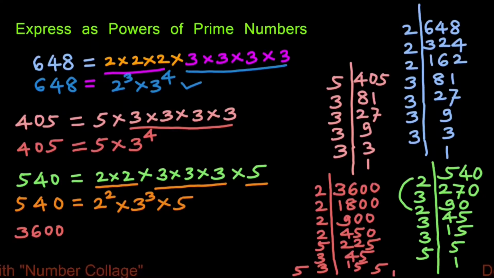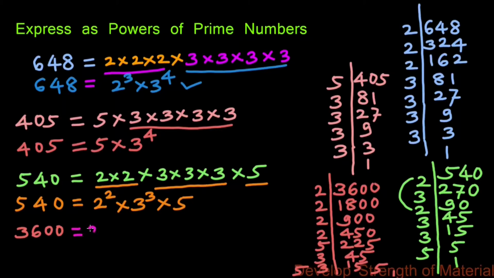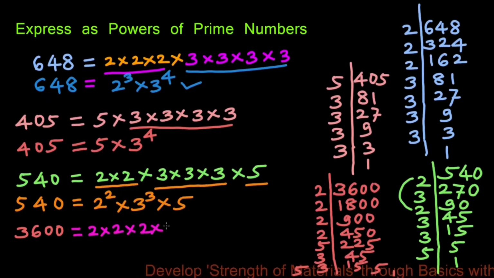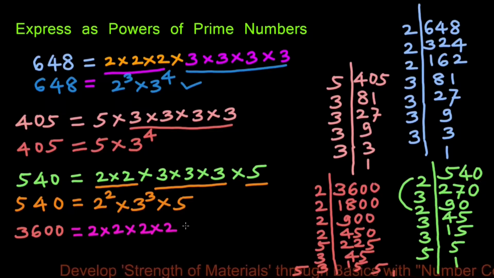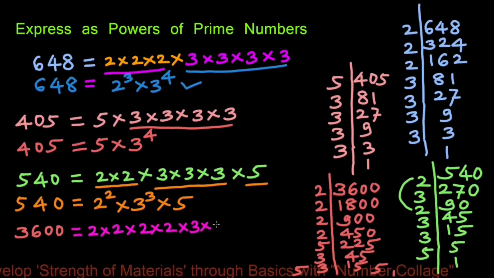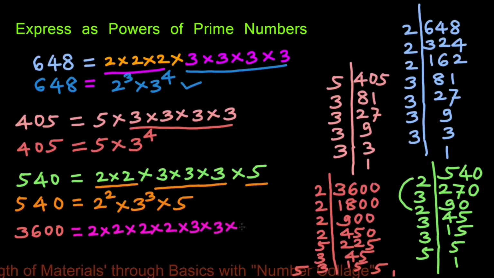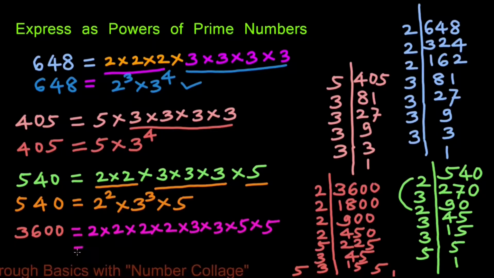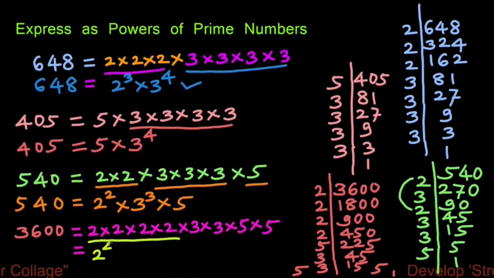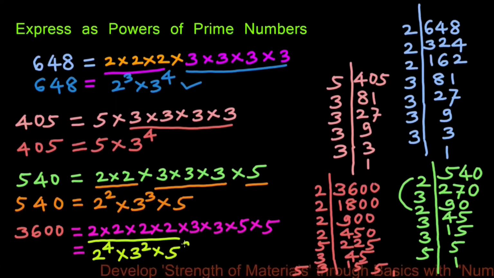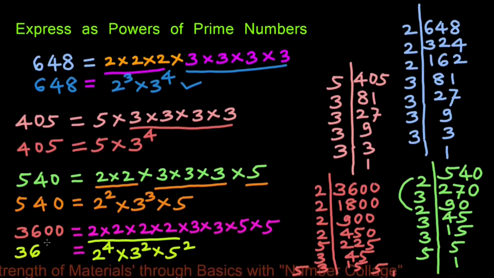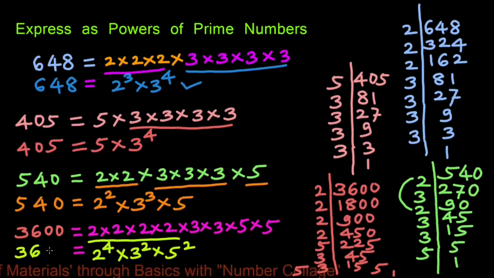So 3600 will be equal to multiplication of 2 4 times, 2 multiplied by 2 multiplied by 2 multiplied by 2, then multiplication of 3 2 times, 3 multiplied by 3, then multiplication of 5 2 times, so it will be 2 raised to 4 multiplied by 3 squared multiplied by 5 squared. So this will be in the form of powers of prime numbers.